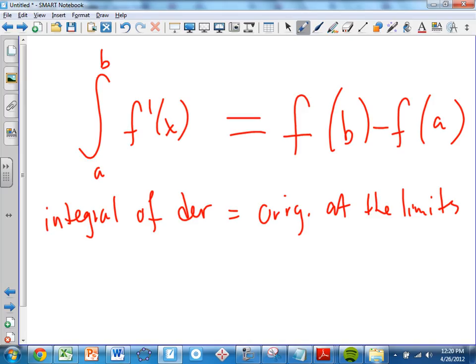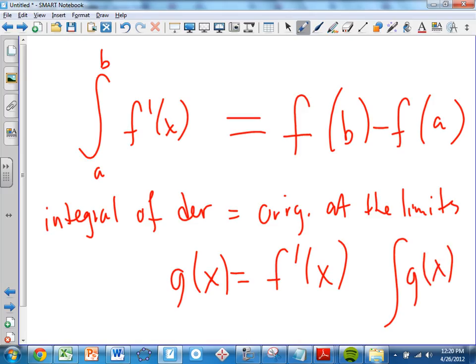Whenever you're given a problem where they say that g of x is the derivative of f of x, and then they say integrate g of x, you're doing this exactly. You're really doing the integral of the derivative.